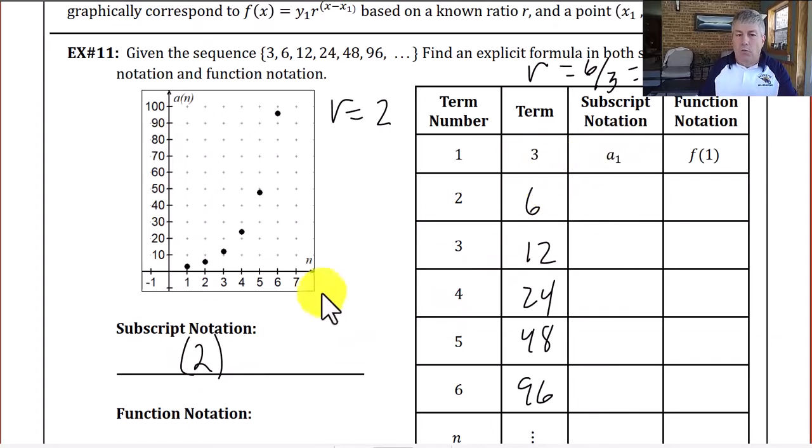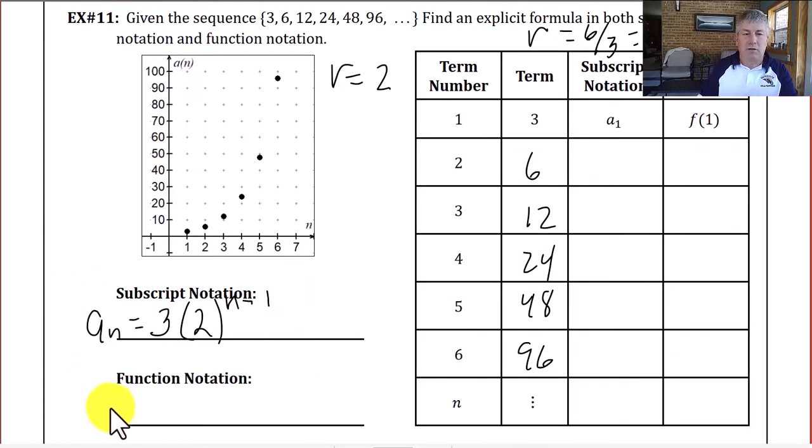And when we raise 2 to the 0 power, it becomes 1. But our y value is 3, so our function in subscript notation is 3 times 2 to the n minus 1. And in function notation, f(n) equals 3 times 2 to the n minus 1.